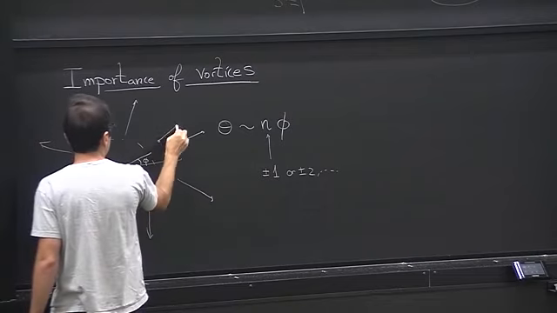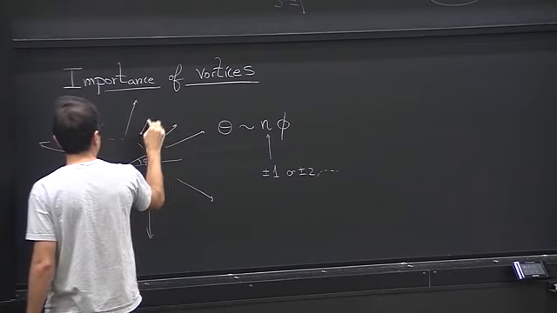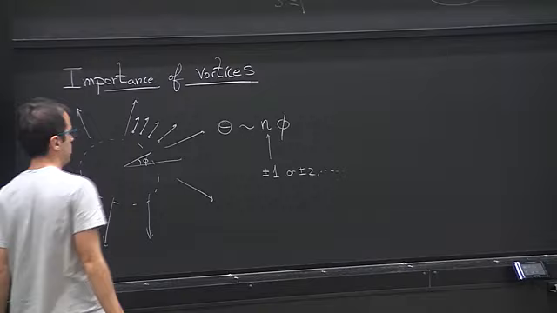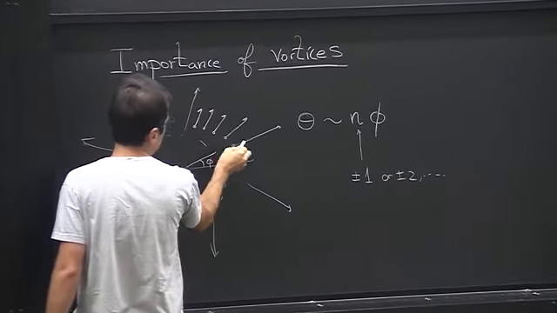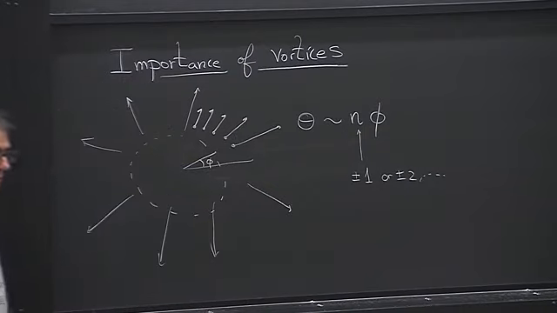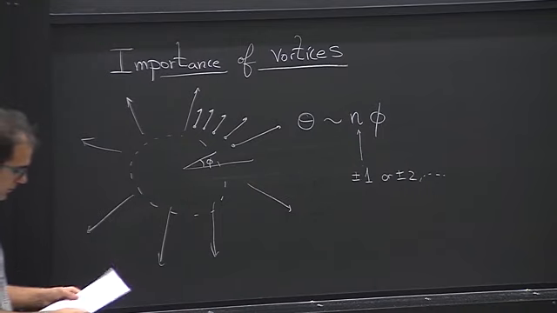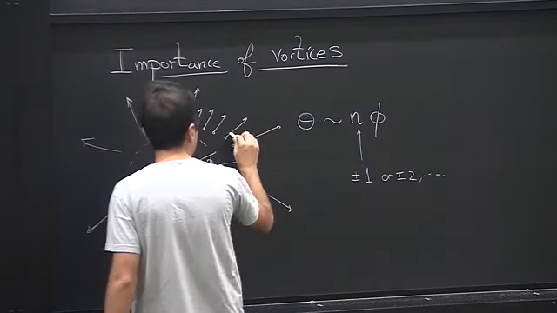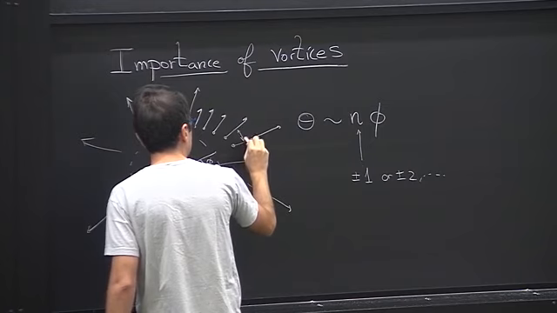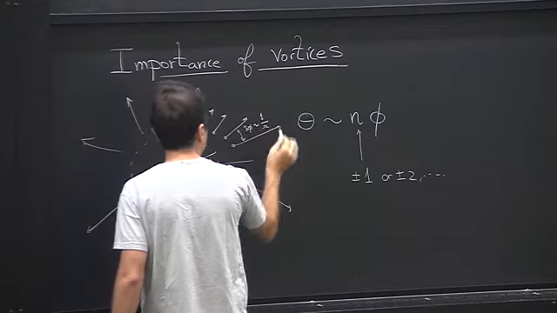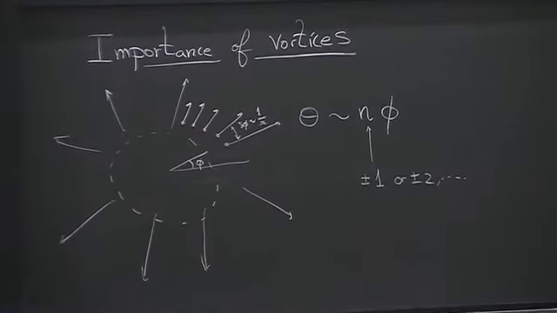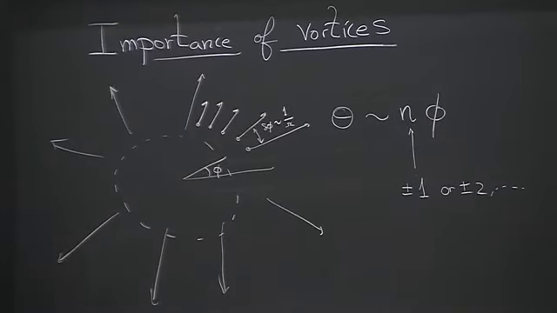And there are many sites here. So at each site, the angle changes very little. It changes by 1 over n, this side. So the variation of my angle phi here would be something very small. The derivative of it, when I'm very far away.